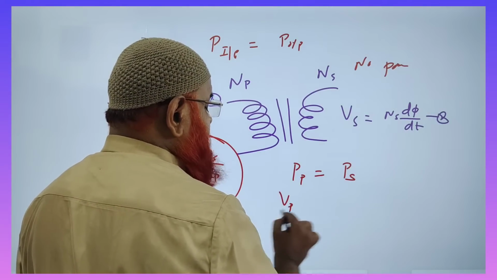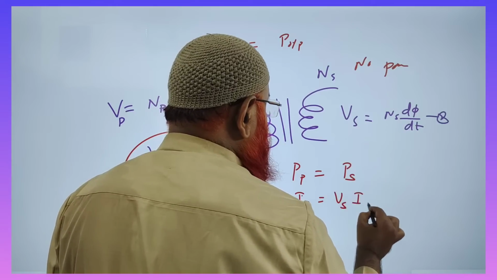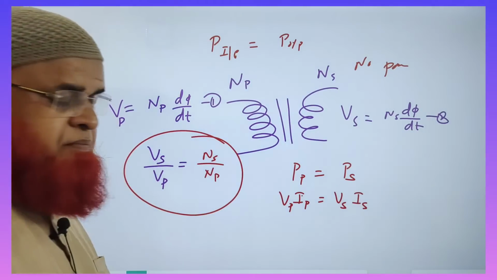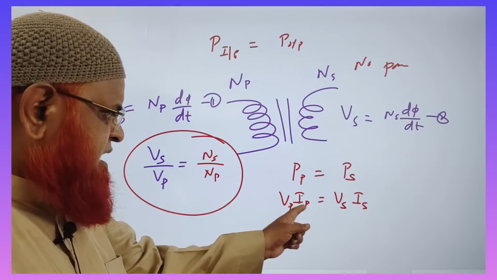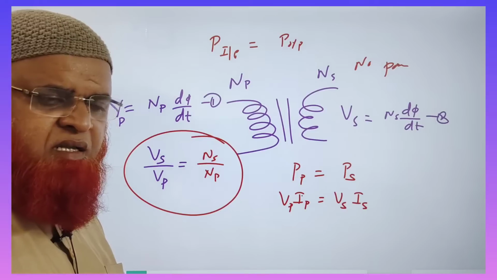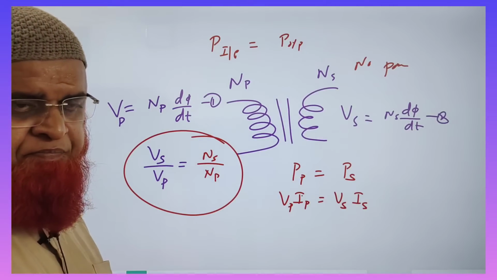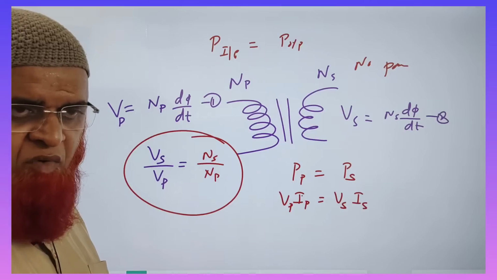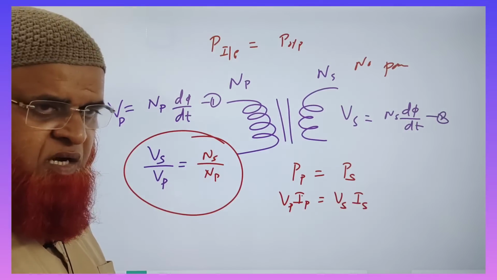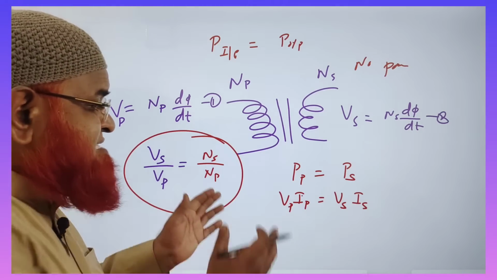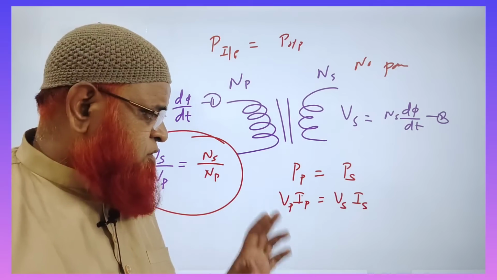So voltage at the primary times current at the primary is equal to voltage at the secondary times current at the secondary. Power is a product of voltage and current. So this is about the power. Is it clear? Based on this concept, you can do any problem.